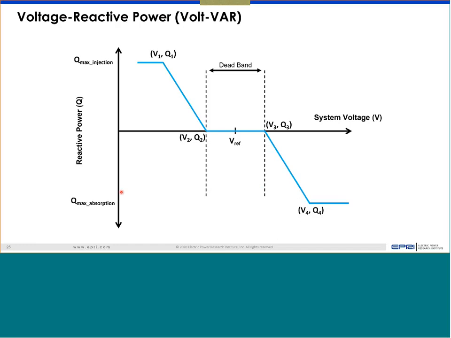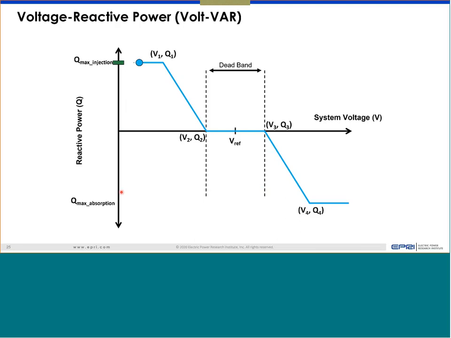Now, if it goes in the other direction, you can see clearly the reactive power is moving. If it goes low, reactive power will go into the injection mode. And if it goes further high, it will go further high. So this is another important difference in the Volt-VAR function.